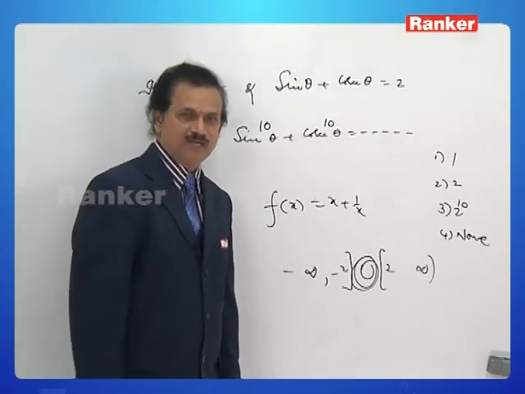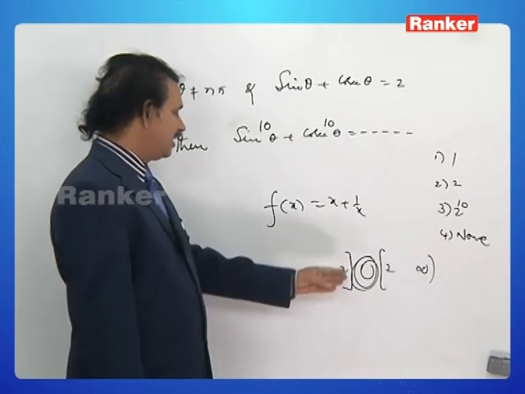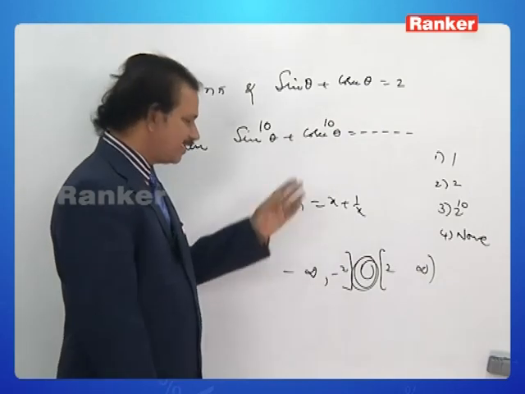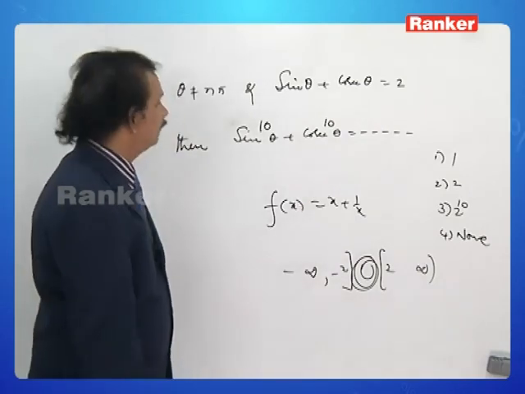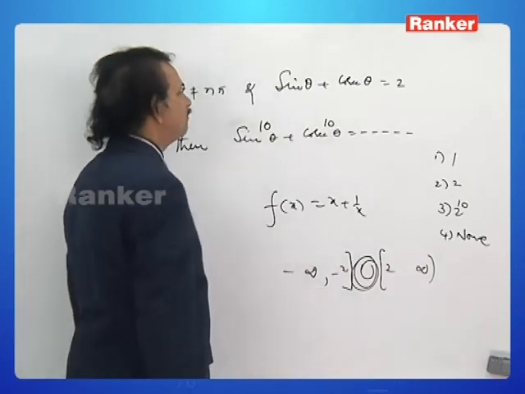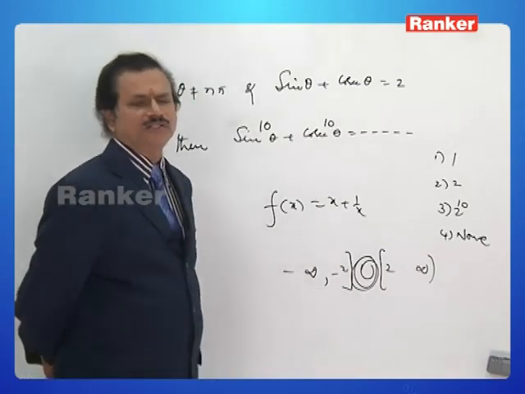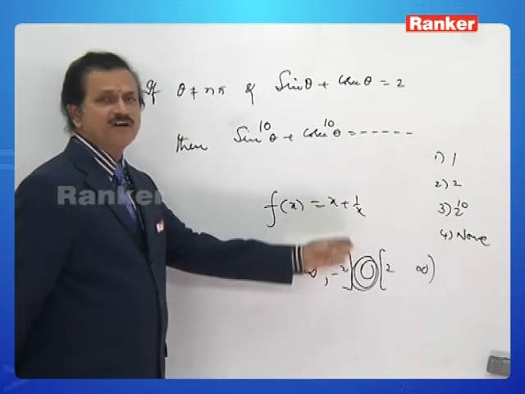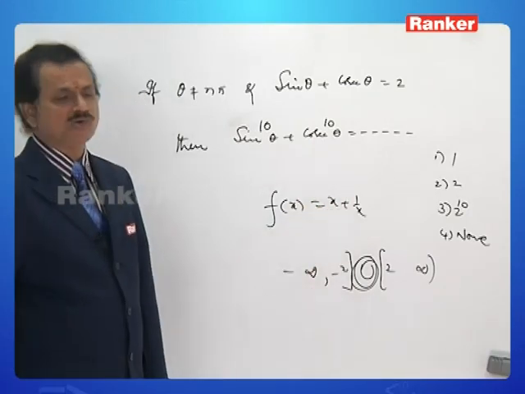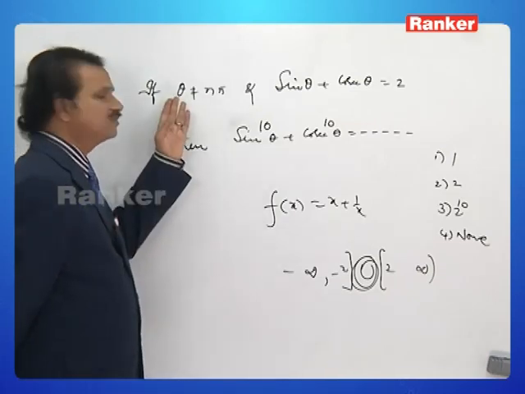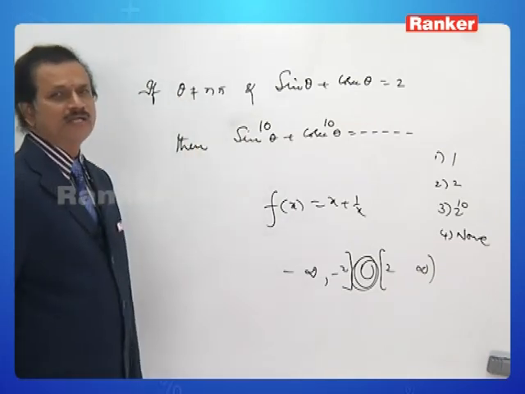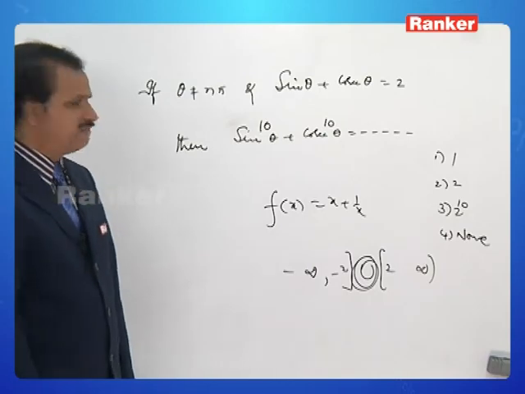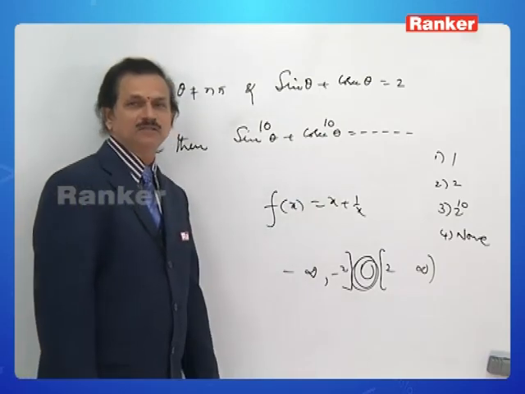It attains the maximum value minus 2 at x equal to minus 1. Well, what do you say about sin theta plus cosecant theta? It's just nothing but sin theta plus 1 by sin theta. Is it not in the form x plus 1 by x? Of course, we are given theta not equal to n pi, so sin theta can never be 0. It definitely takes the form x plus 1 by x.